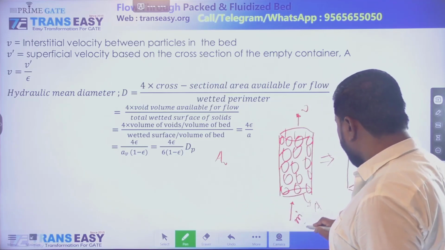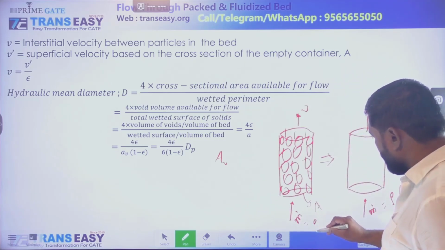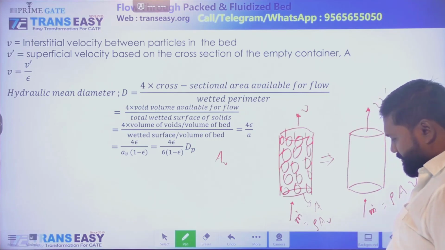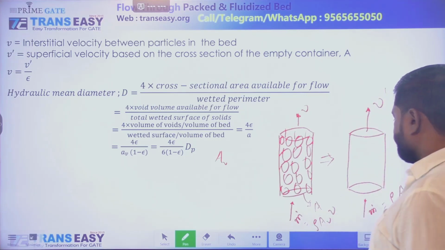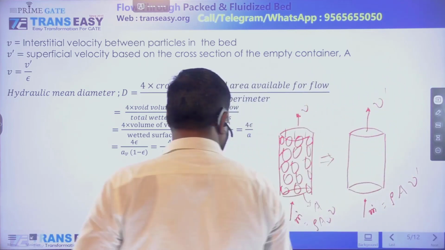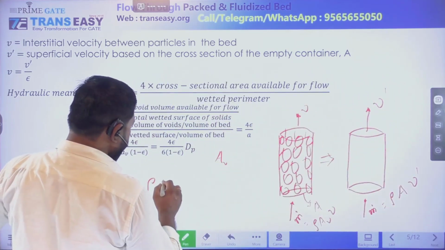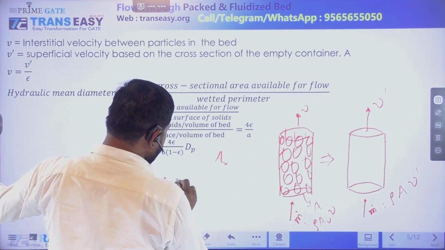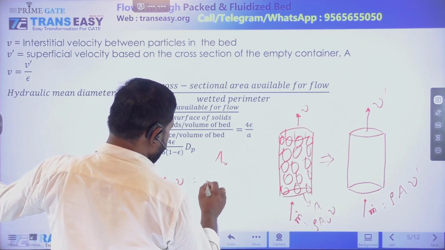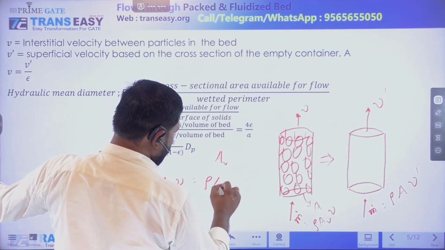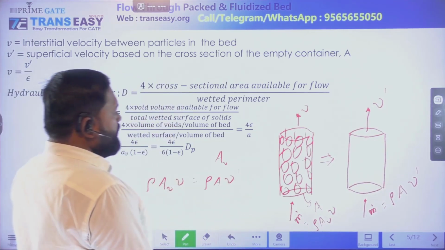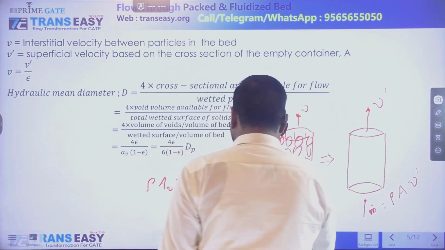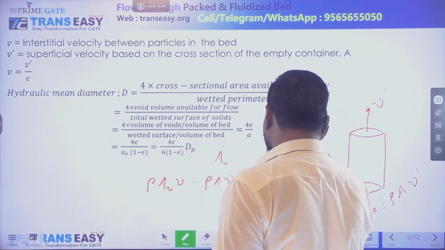So here it is rho Av into V, right? Rho Av V is equal to rho A V prime. Multiply both sides by the height of the container.